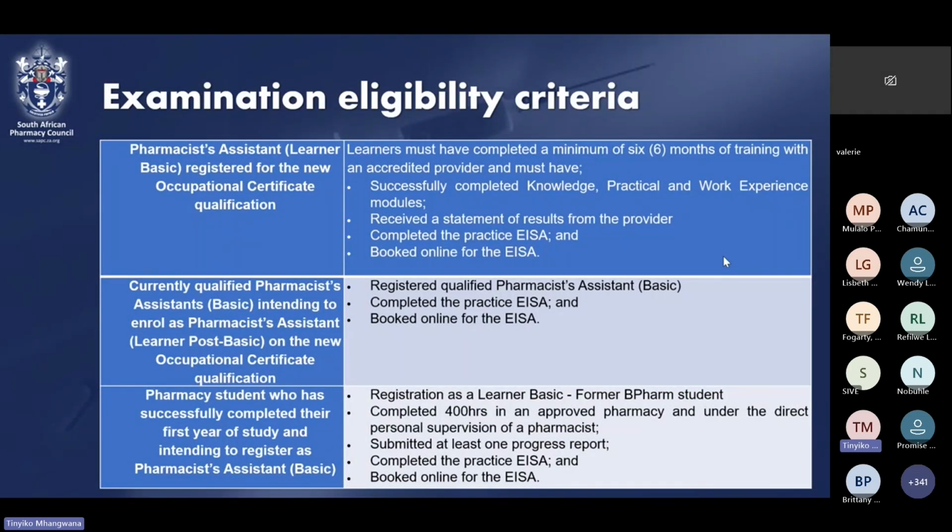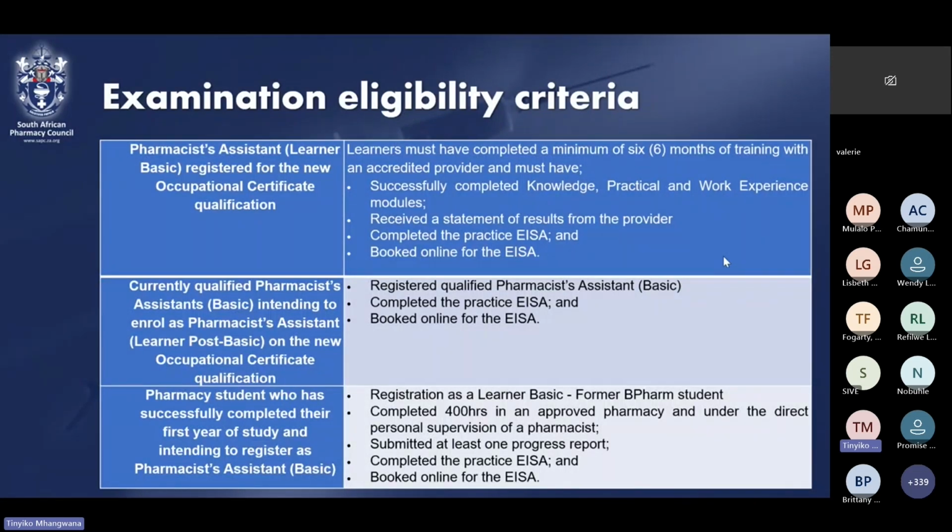The second category that we spoke about already, it has been highlighted. It is the learner post-basics. It's the pharmacist assistant basics who intend to enroll for the learner post-basic for the new qualification. As we know that the old qualification is phased out. The only people that are able to complete that old qualification are the ones who are enrolled.